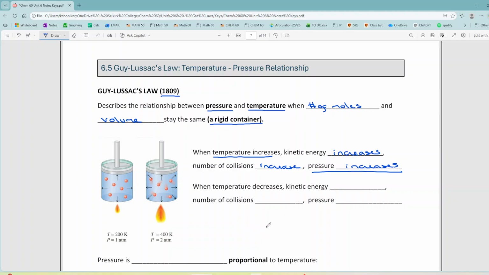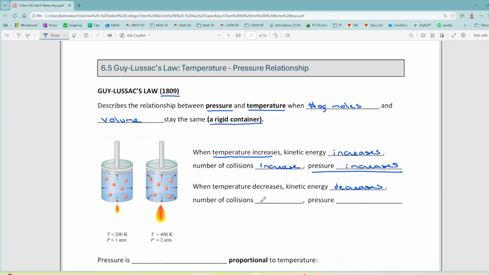And then the idea was that when the candle was in there, you were heating the molecules of air. And then we made it a fixed size container because you put the egg on top, trapping all that air inside. Because the air was trapped inside, it didn't have oxygen to fuel the fire, so the temperature decreased, which meant the kinetic energy of the molecules inside the container also decreases.